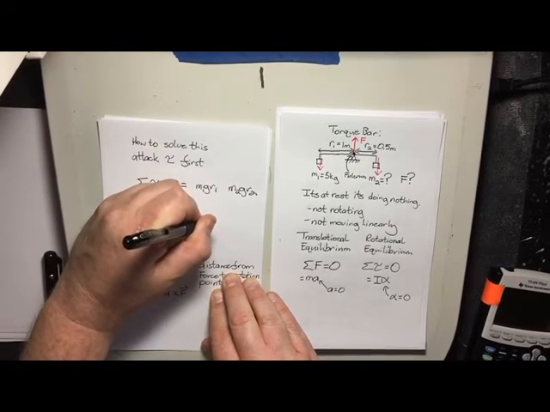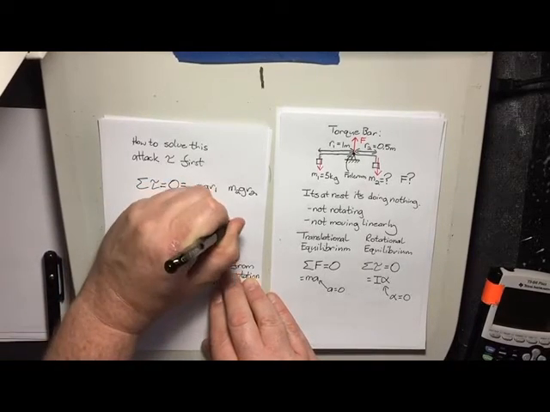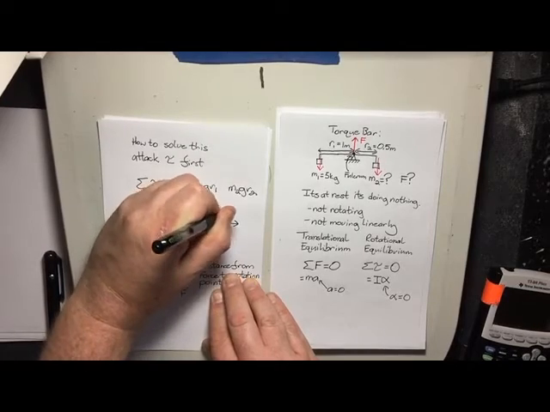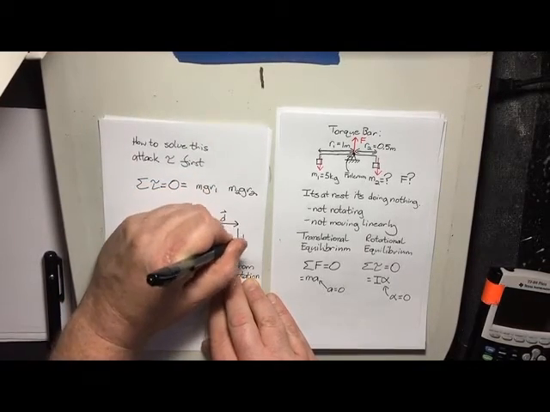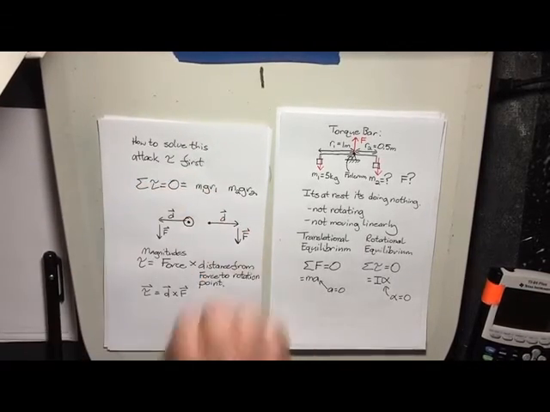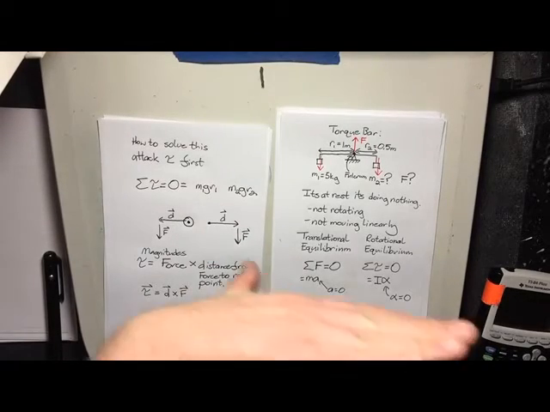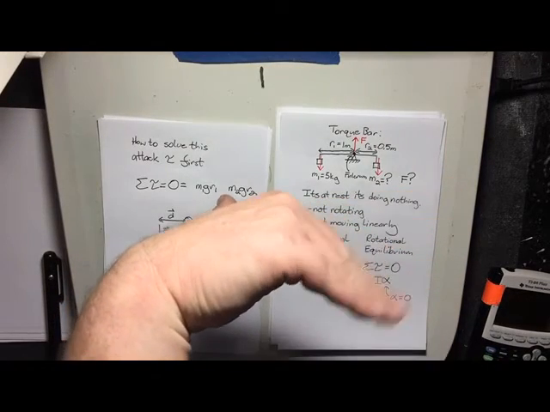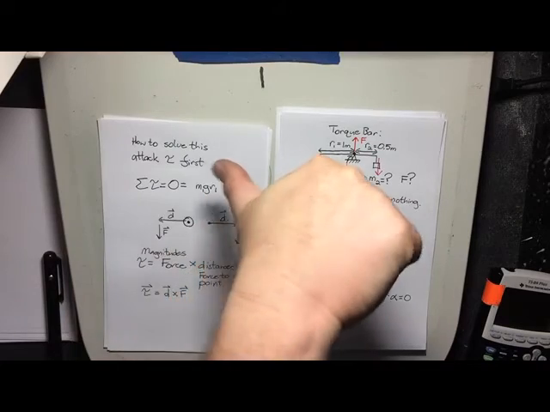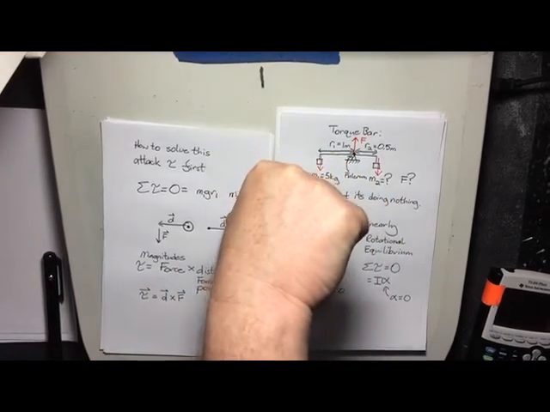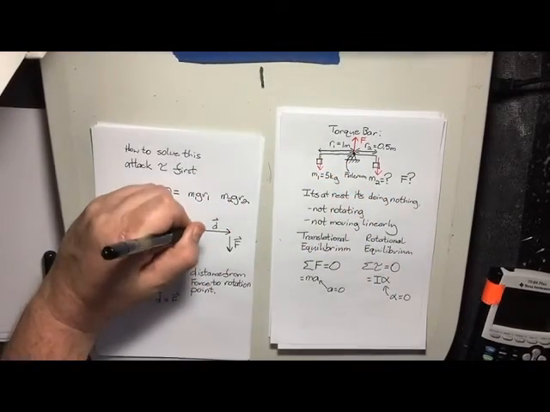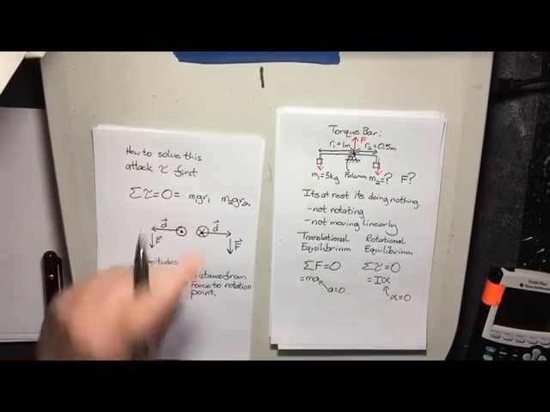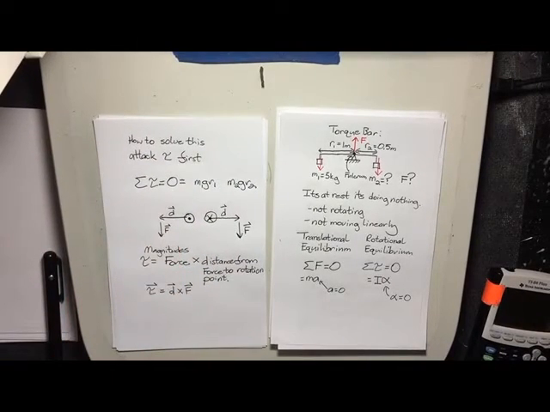Now looking at the other force, that's the distance vector, that's the force vector. Distance to the right, force down, thumb is into the page. So this is that type of vector.